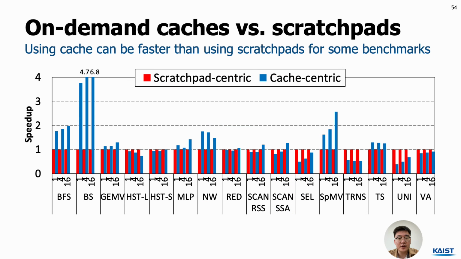In this figure, we compare the performance of UPMEM PIM using only scratchpads, colored in red, and UPMEM PIM using only caches, colored in blue. The y-axis shows the speedup when the performance of the scratchpad-centric design is normalized to 1. Our results show that some benchmarks are faster with caches, while other benchmarks are faster with scratchpads, which is expected.